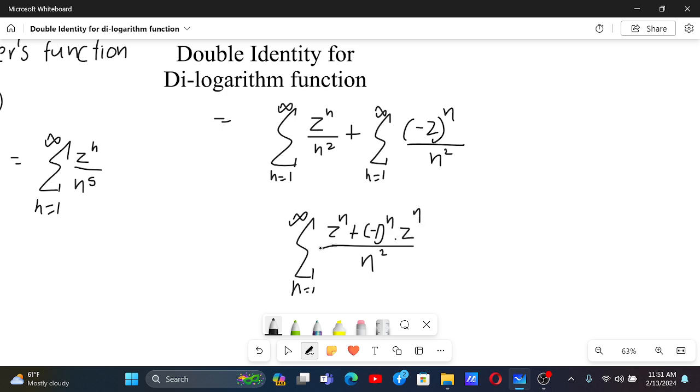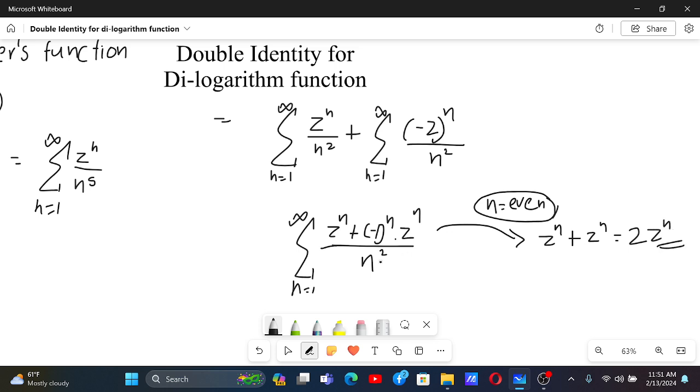Yeah, so now what we can observe is, when n is even, this will be g to the power n plus minus 1 to the power even, which is just 1, times g to the power n. This will be 2 times g to the power n. So that means 2 times g to the power some even number.